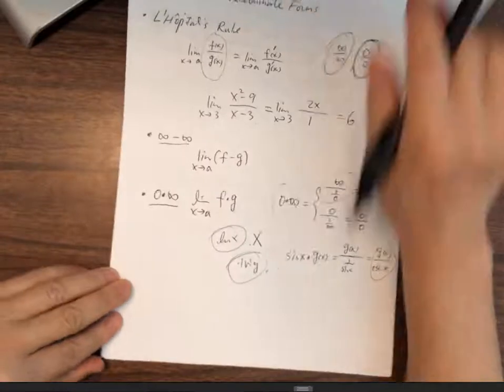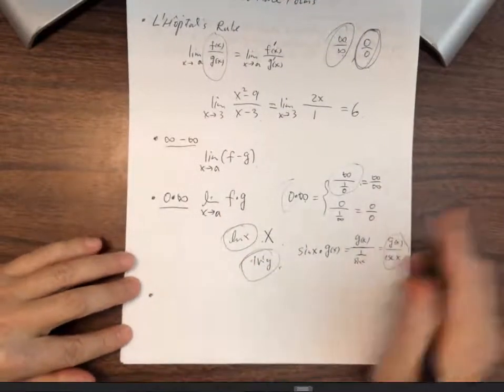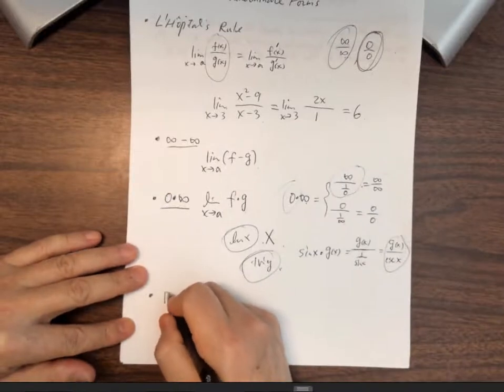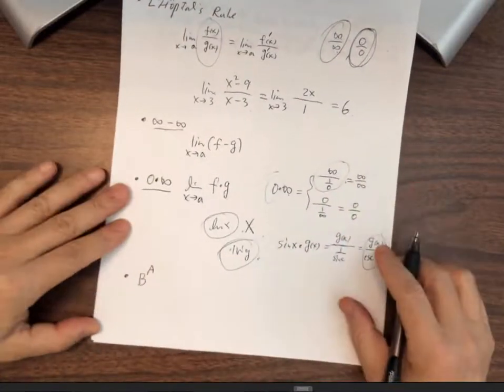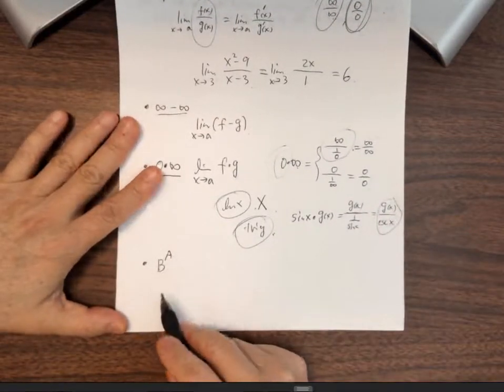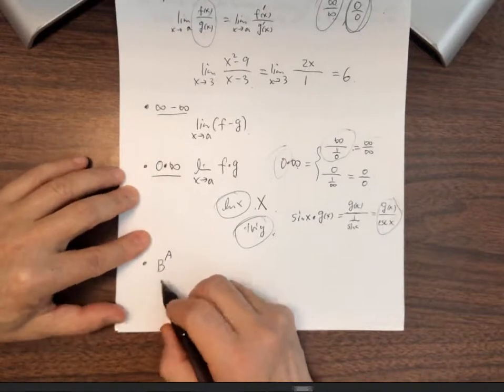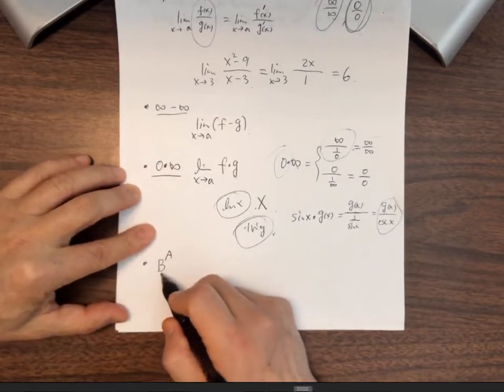Alright, let's see one more type of indeterminate form. That's in the form of exponential. There are many actually different kinds of specific indeterminate forms in the form of exponential.